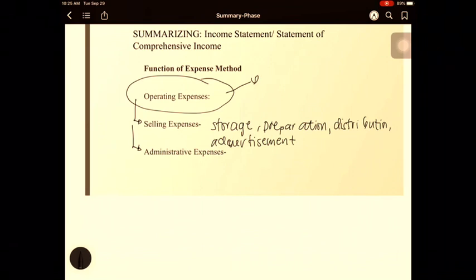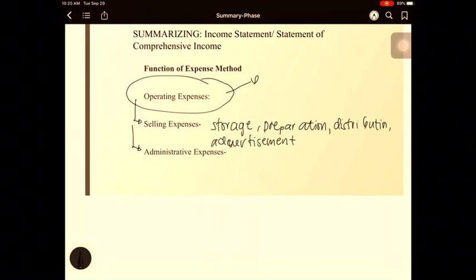So if the expense is attributed to the storage, to the preparation of the goods, to the distribution of the goods to the customers, and the advertisements, which would increase the sales of the business, then they all refer to selling expenses.